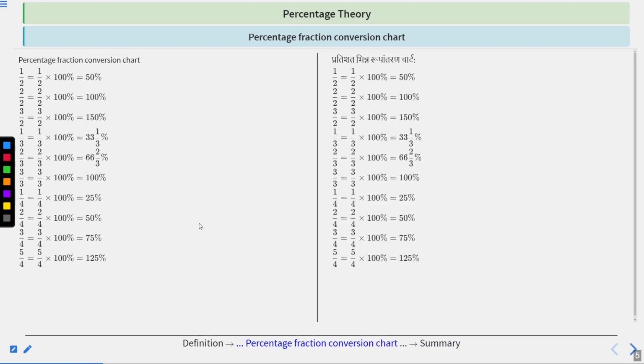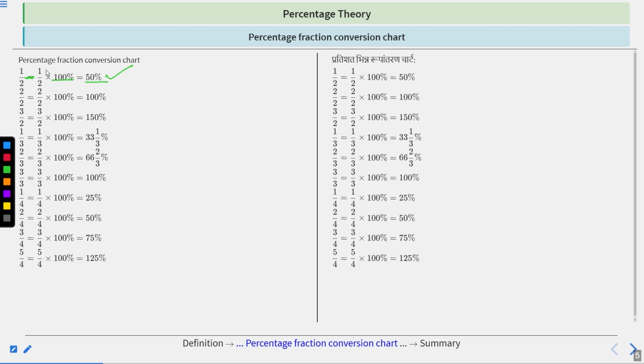Now move to the next one. Now we are going to change fractions into percentage values. We know that when we multiply any fraction by 100, we get the percentage value. So when we multiply 1 by 2 by 100, we get 50%.